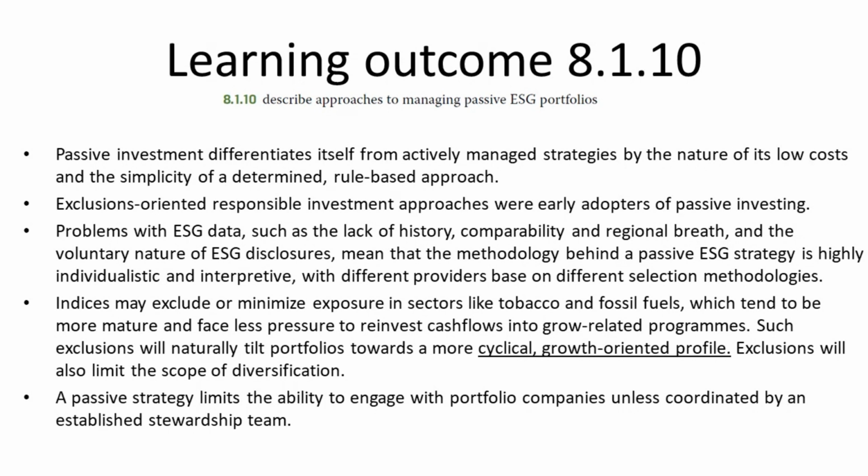Maybe I can give an example. In certain Asian countries, there are so-called Sharia funds. Sharia funds are those funds that comply with Islamic principles. So in this one, they'll exclude the so-called sin sectors like tobacco, and also they'll exclude the finance companies because in Islam, receipt of interest is prohibited.